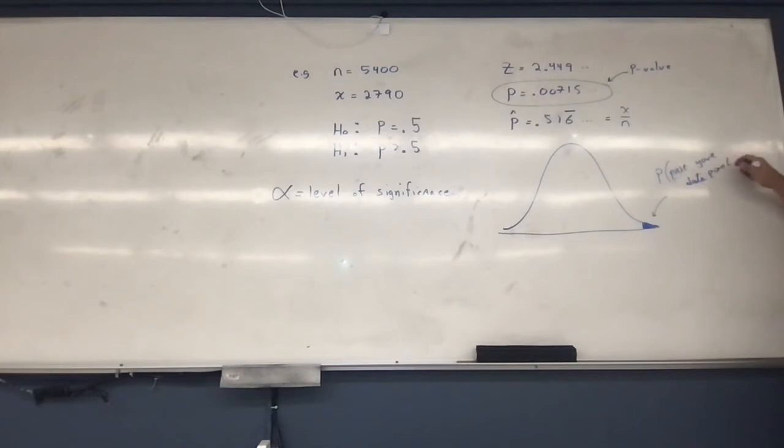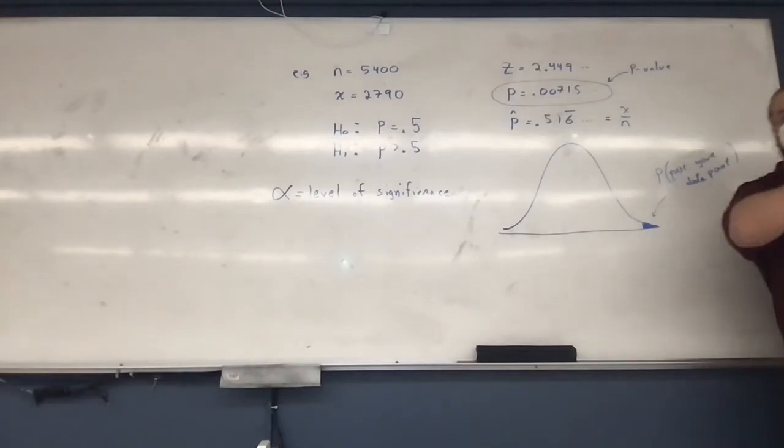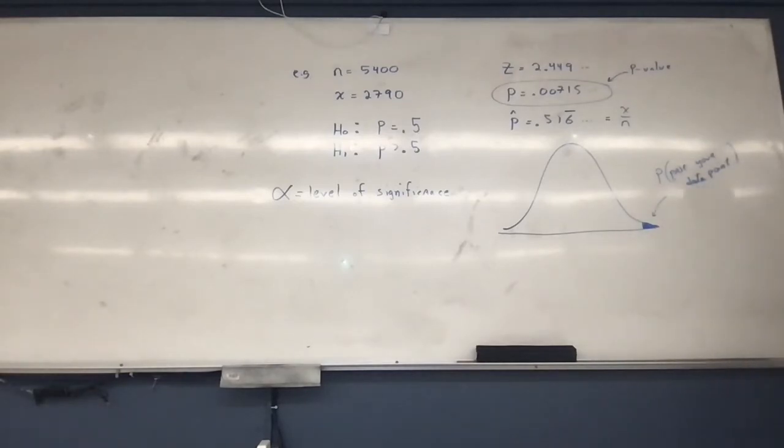So we're not only looking at the result that you got, we're also considering anything past it. If I add up all of those probabilities, not just what you got, but anything past it as well, and it's still less than 5%, we're going to reject the null hypothesis. So the p-value, this thing here, is the probability of getting anything past the result that you got. Now, what is the result that you got?